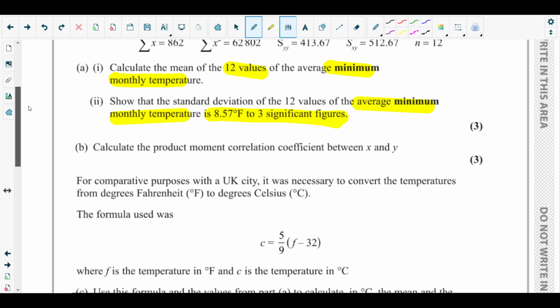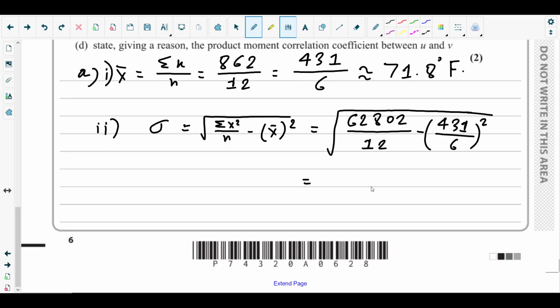The decimal keeps going, so it can be written as 8.57 degrees Fahrenheit to 3 significant figures, as stated in the question. Done.